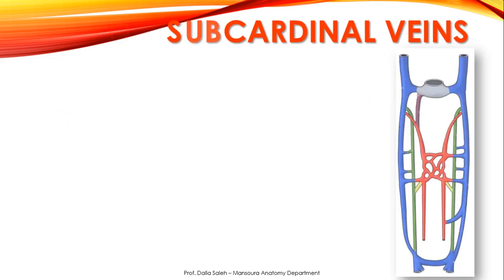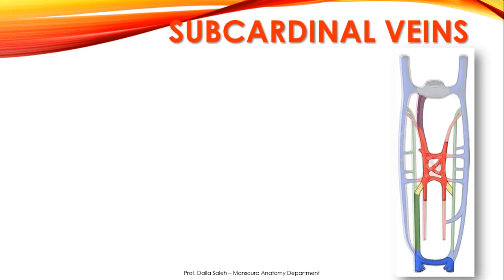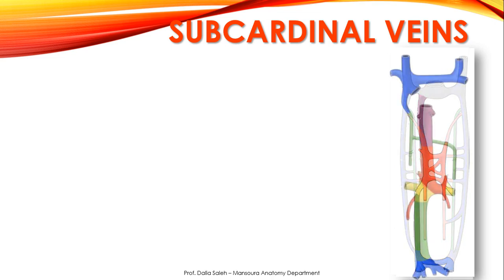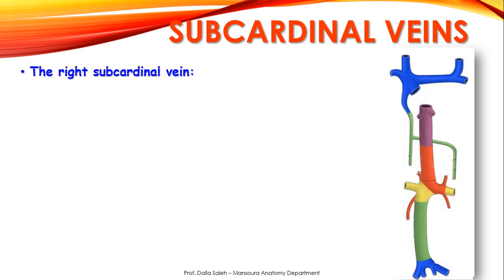What about the development of the subcardinal veins? As we can see here from this picture, there is modulation of the venous system due to shunting of the blood from the left to the right side. Just follow the red vein. So the right subcardinal vein will persist and form a segment of the inferior vena cava.